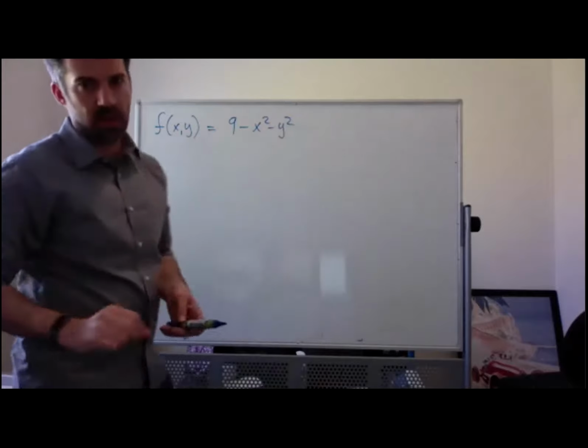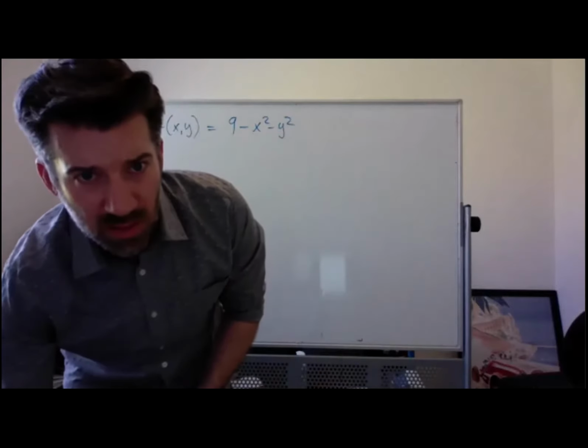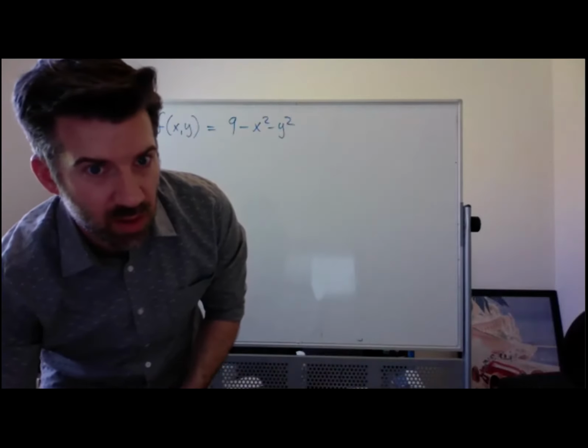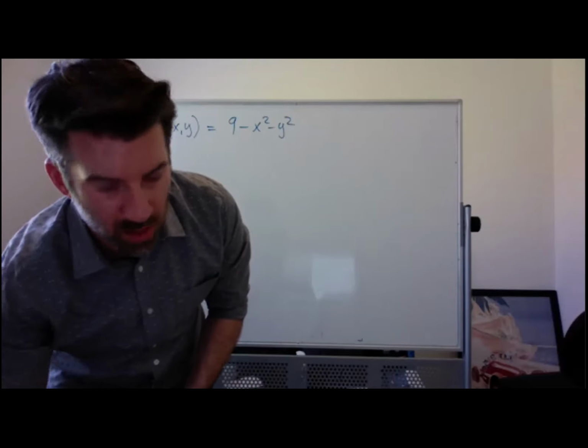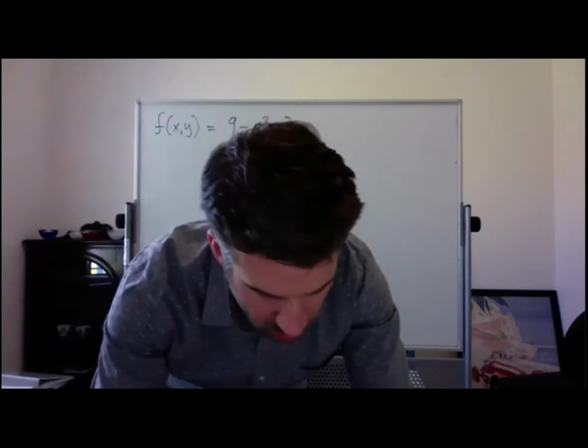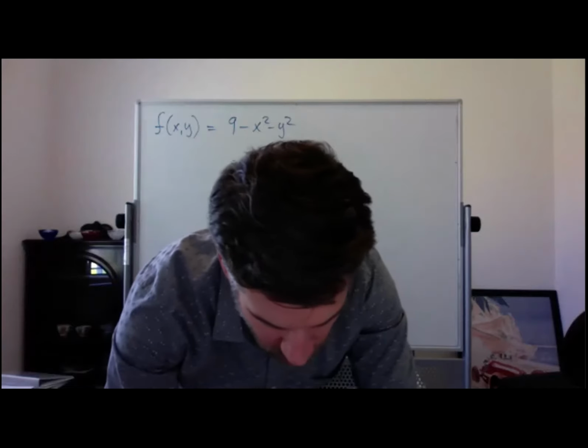Which I really like, and maybe I was thinking about using Desmos here to show you guys stuff, but let's see. Let's do that. One sec. 9 minus x squared.